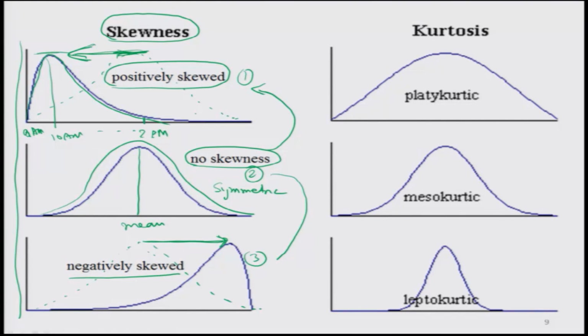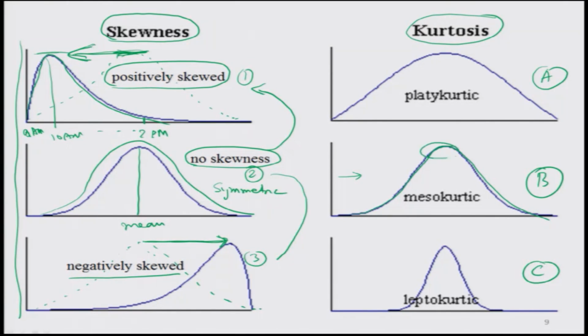Similarly, we have another aspect called kurtosis. What is kurtosis? Now we look at the three graphics on the right hand side, and call them graphic A, graphic B and graphic C. First we look at graphic B. You can see this is a symmetric curve and it has a hump, somewhere here.